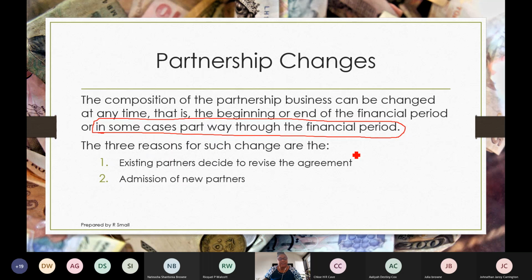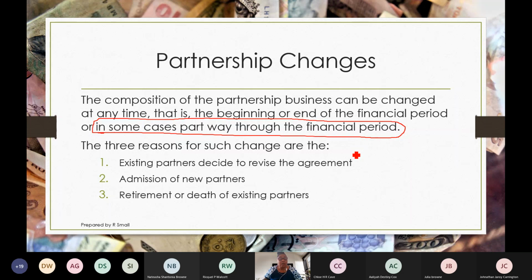So if they're admitting Abiyomi to the partnership, it means that they have to make necessary changes. And because they would have admitted him, then the income statement must reflect the fact that they have admitted a new partner. And thirdly, you can have the retirement or death of the existing partners.